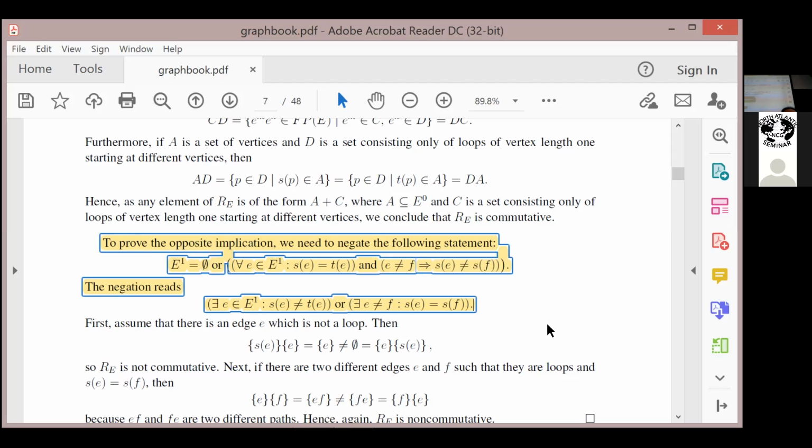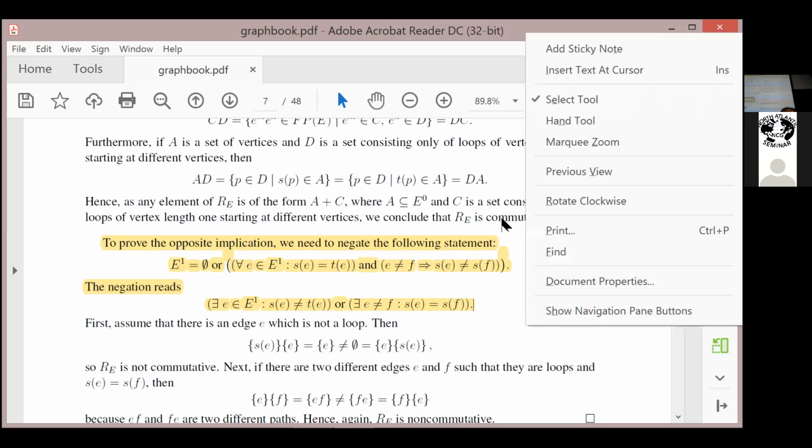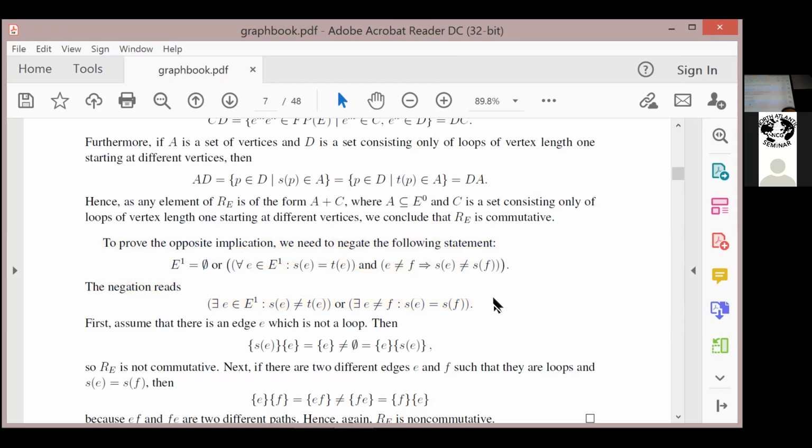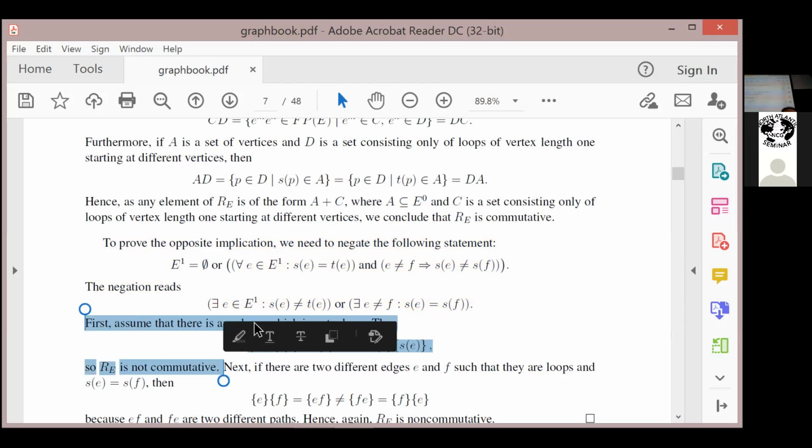Okay. So let's see how it happens. So first assume that there is an edge which is not a loop. Well, if I have an edge E which is not a loop, then I do the following calculation. I take the subset consisting of the beginning of E, that's a vertex, it's fine.